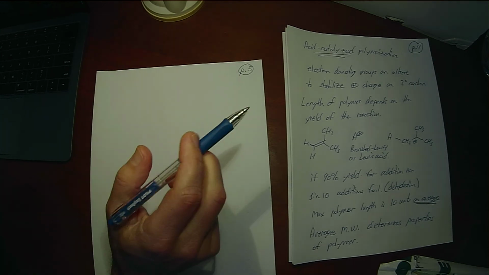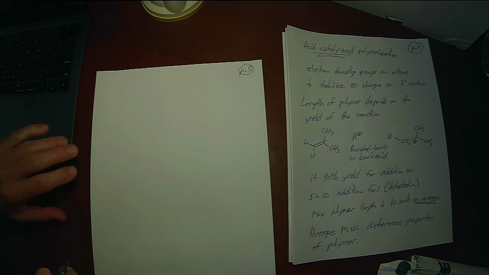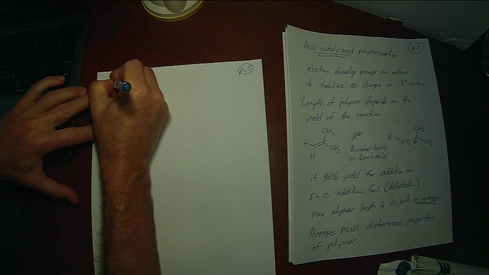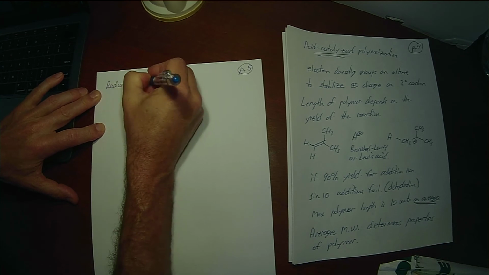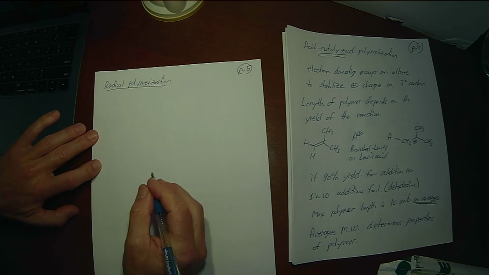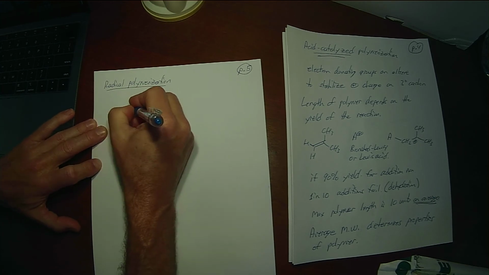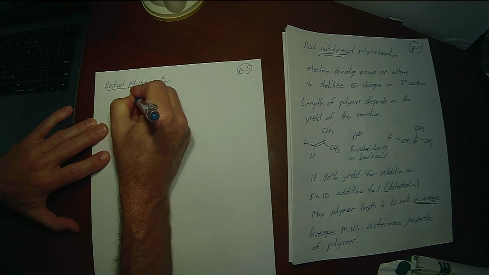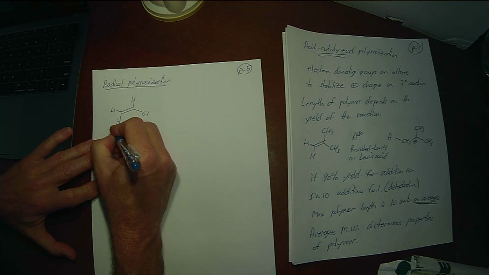So acid catalyzed polymerization is one of the ways that you can start a polymerization, but there are other ways you can start polymerization. You can do radical polymerization. So let's say I were to take vinyl chloride.